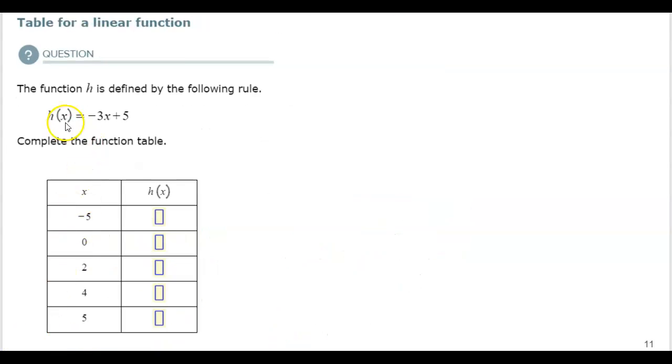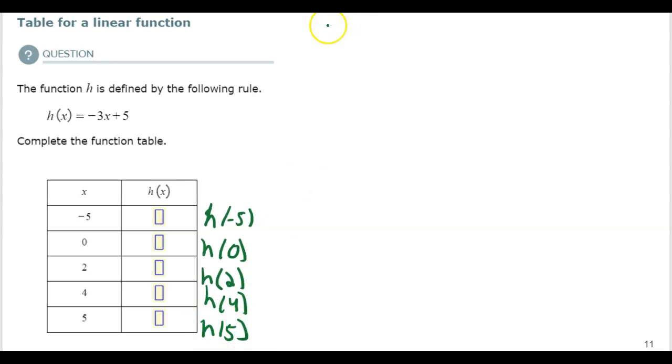Okay, this is asking us to find h of negative 5, h of 0, h of 2, h of 4, and h of 5. I'm going to go ahead and get us started by finding h of negative 5.